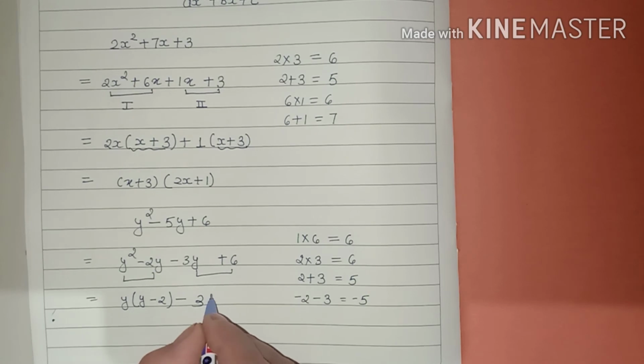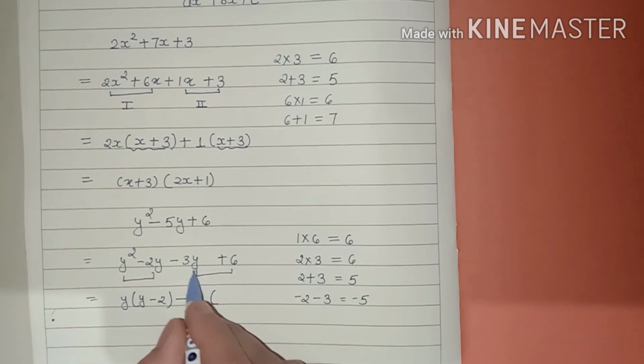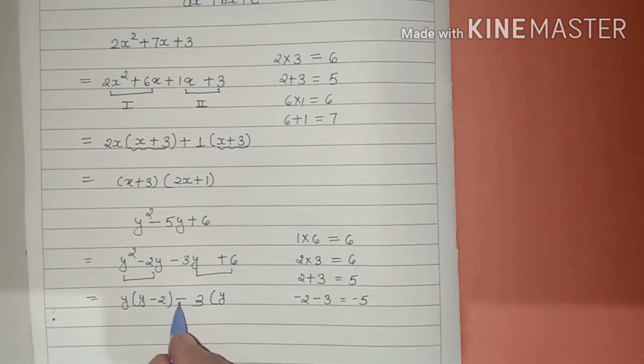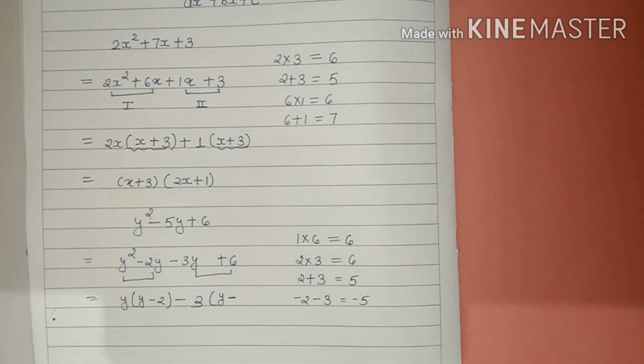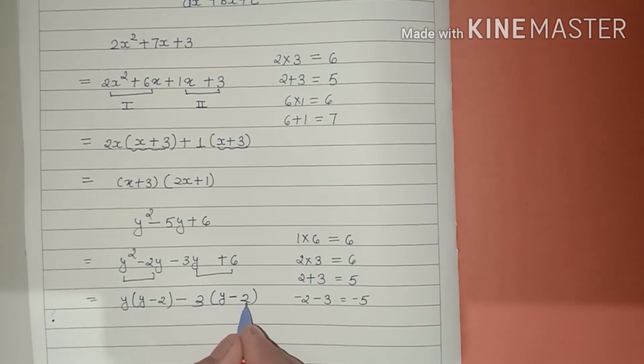Obviously minus 3. Within the bracket, the remaining terms. From 3y we have already taken 3 common. It means what is remaining? y. Because we have taken the minus sign outside, within the bracket we have to write minus 2. 3 2s are 6. The remaining number will be 2.